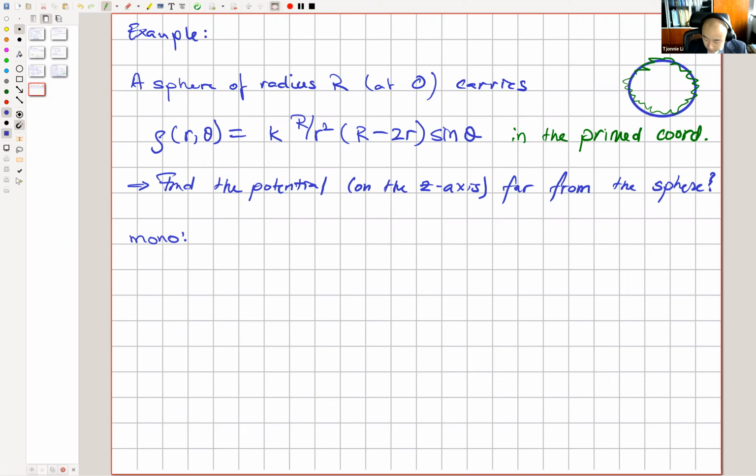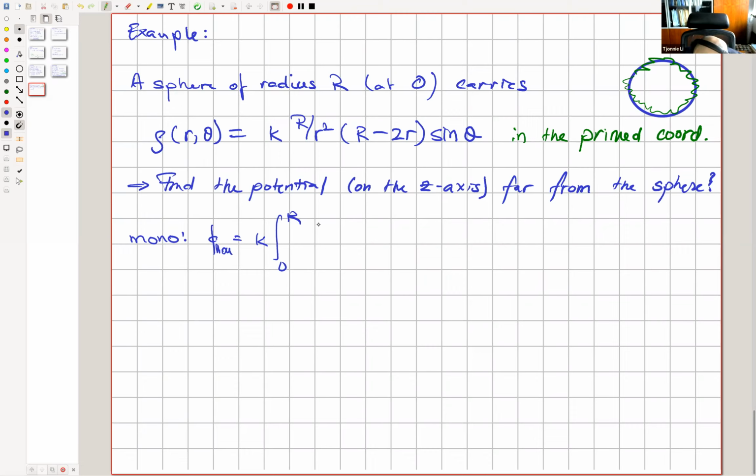And here, what do I have? In r, I can do the integral from 0 to big R. There's a sphere of a particular radius, and I collect all the various contributions. Explicitly, phi monopole equals, I take the k outside and now I collect all the different contributions in terms of r.